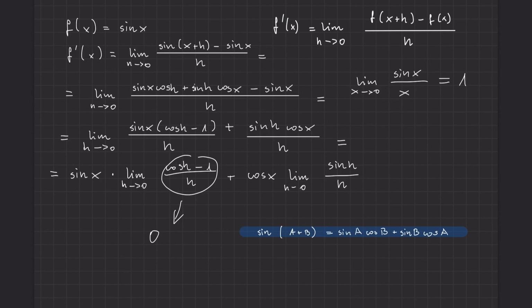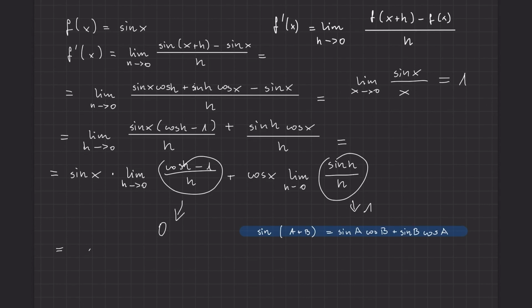So we have 1 minus 1, so we have 0. So this part will be 0 and this part will be 1. We can actually write it. This one will be 1 and this one will be 0.